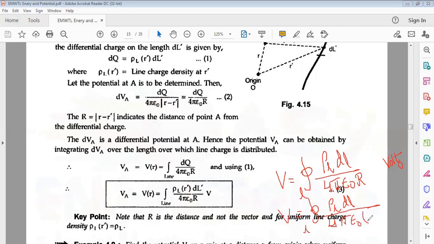What is R here? It is the distance from the dl bar to the point P, R minus R dash. This is the potential due to the line charge.